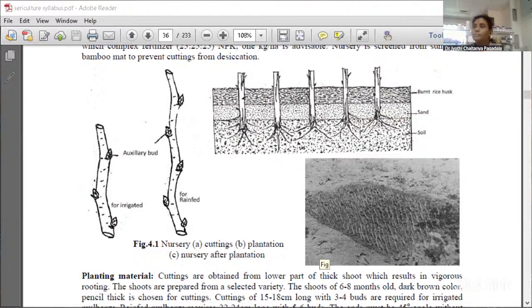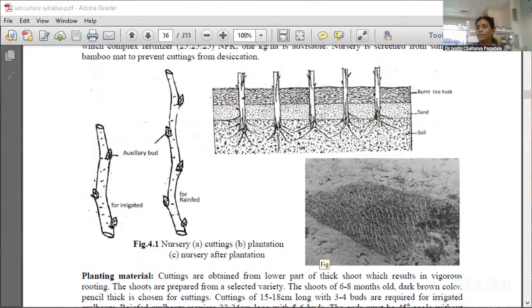Planting material: cuttings are obtained from the lower part of the thick shoot, which results in vigorous rooting. The shoots are prepared from a selected variety. Shoots 6 to 8 months old, dark brown in color and pencil thick, are chosen for cutting.